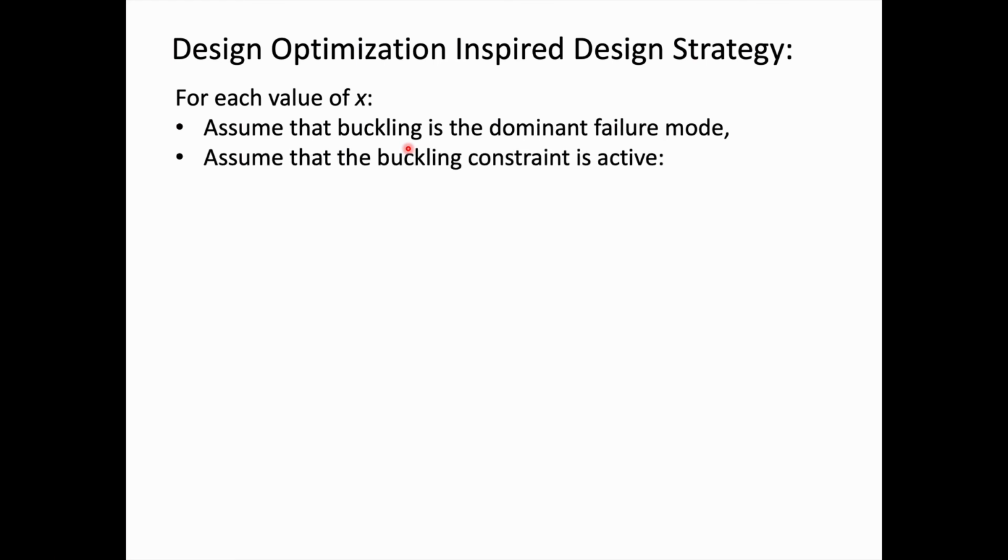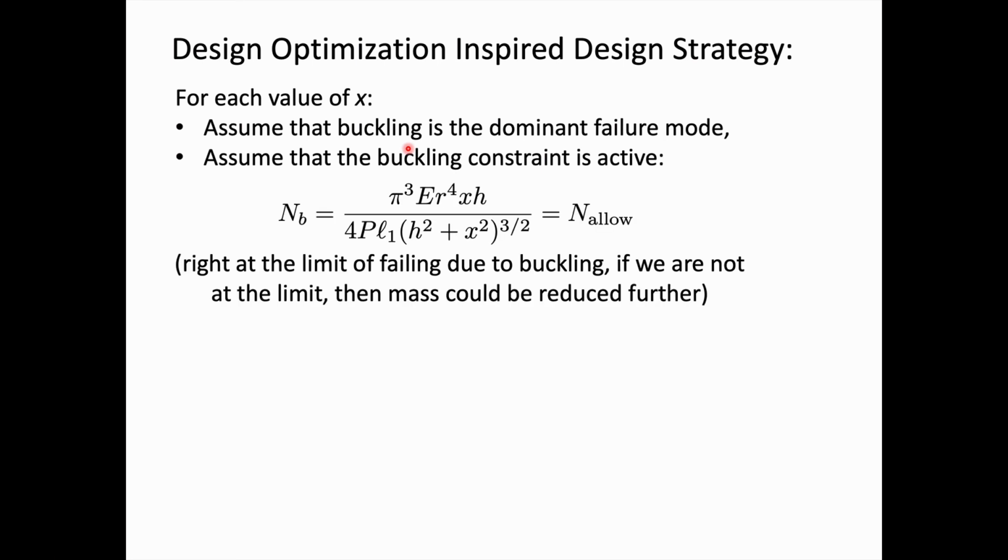Let's take another strategy to understand this problem a little bit more deeply. For each value of x, let's assume that buckling is the dominant failure mode. Let's assume that this constraint is active. If we assume that it's active, then it's also going to be tight. It's going to be satisfied with equality.